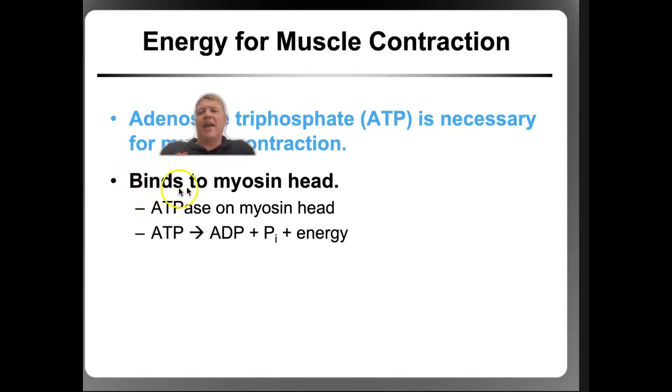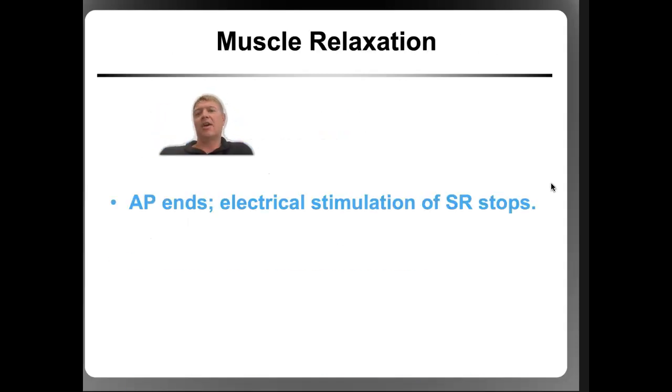As the bind happens in the myosin head, the ATPase on the myosin head converts ATP, which is adenosine triphosphate, into adenosine diphosphate, so tri to di, because it loses one of those phosphates, and energy comes out of there. And that is only for muscle contraction and relaxation there.